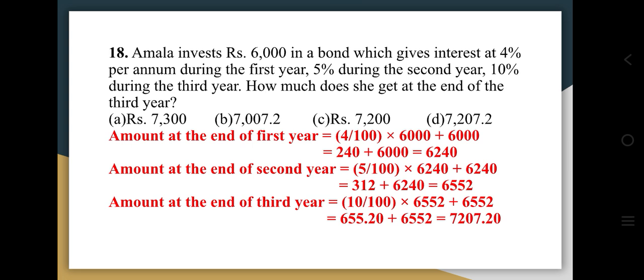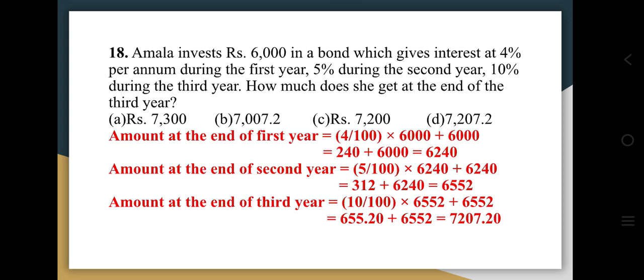The third year interest rate is 10%. So for 6,552, we have to calculate the interest at the rate of 10%. So the interest is 10 by 100 into 6,552. The amount is 6,552.